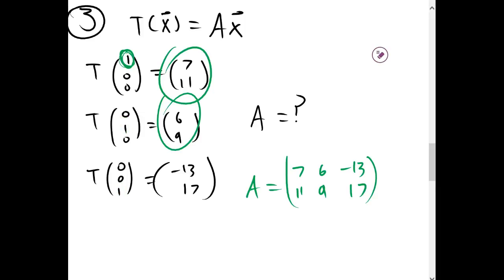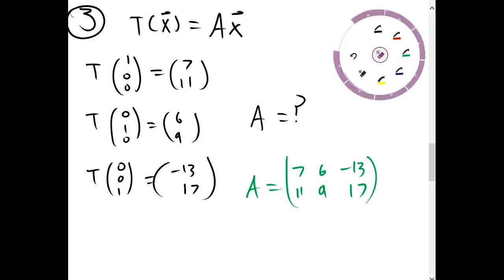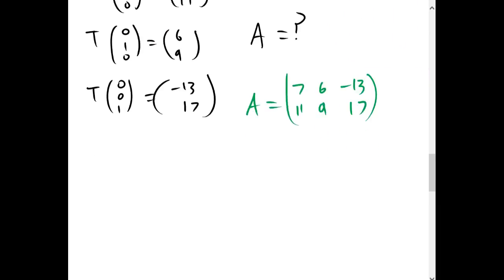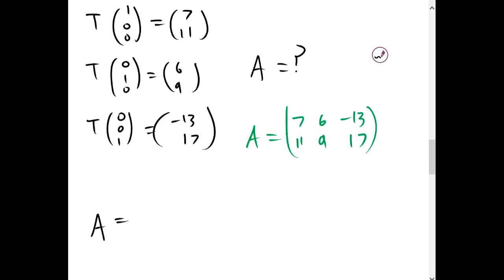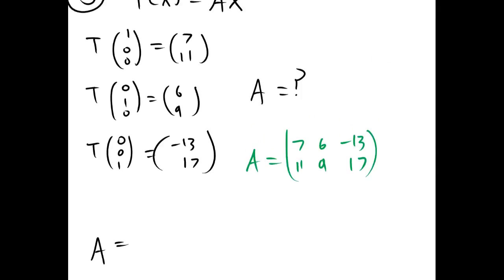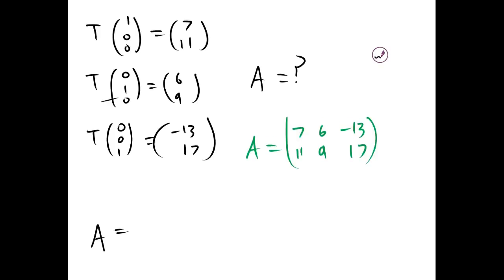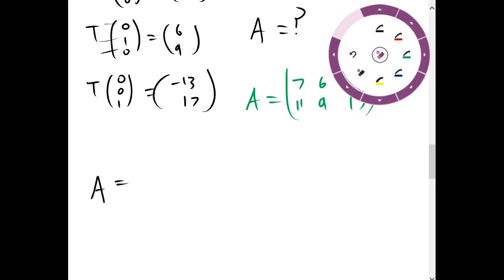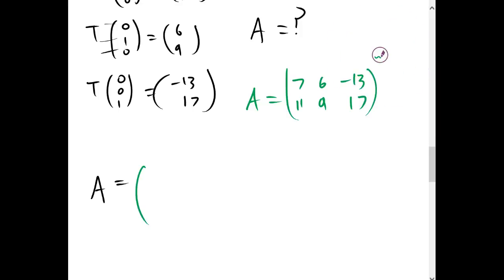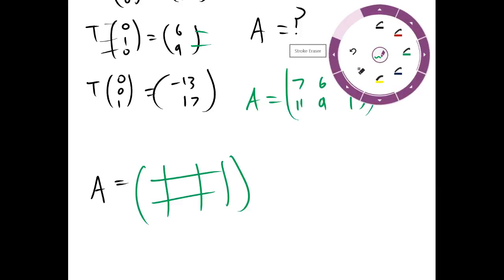That's the shortcut way of doing it, but if you want to see the details, we know that A has an input of 3. Since matrix multiplication works where the number of columns of the matrix needs to equal the number of rows of the thing being multiplied, we know that A has 3 columns. And since our output has 2 rows, A should also have 2 rows.